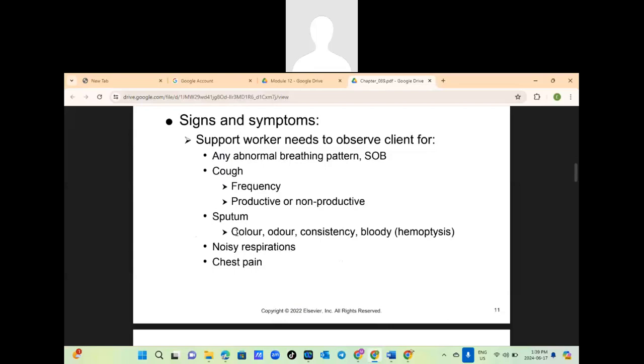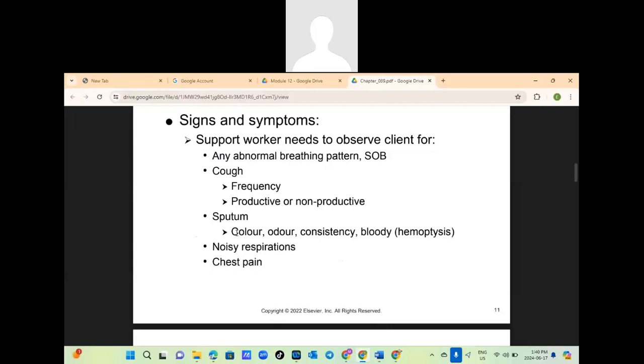But in medical terms, when we document, it is sputum. So in my progress notes, I write copious mucus, or the sputum color, green-colored sputum, or yellowish-colored sputum. It depends on your observation. Is it a scanty amount, a large amount, or just a medium amount?